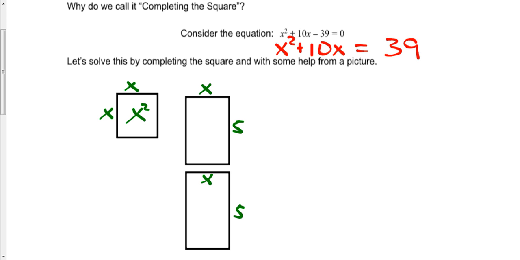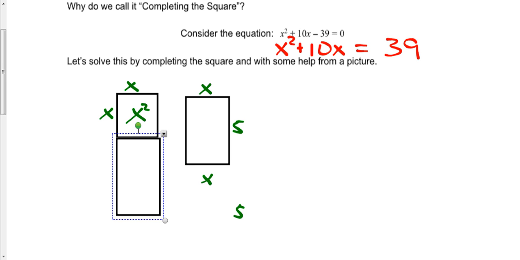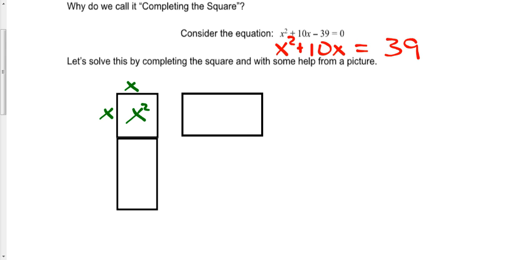Now, I'm going to take this guy and move him over here, make it the right side. I'm actually going to delete that and draw another. I could just rotate it, but that's cumbersome. I'm going to draw another rectangle, 5x, but on its side.